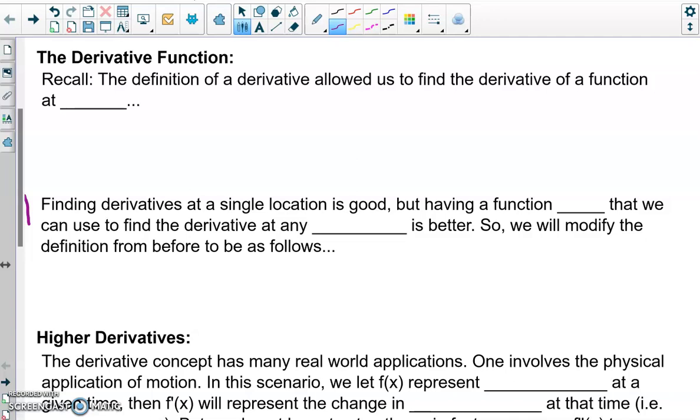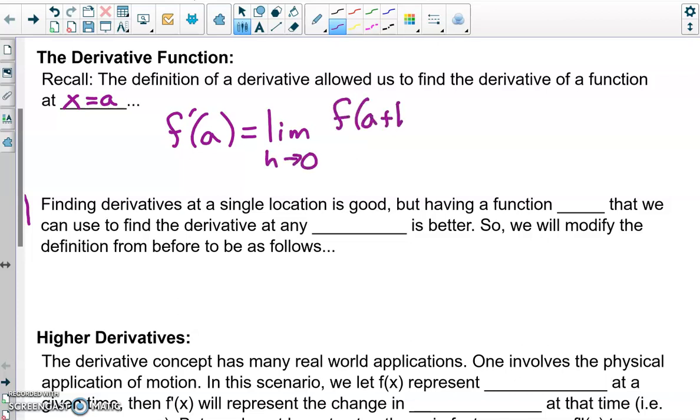And first thing is just recall the definition of a derivative allowed us to find the derivative of a function at x equals a. So our f prime of a was equal to the limit as h goes to 0 of f of a plus h minus f of a all over h.